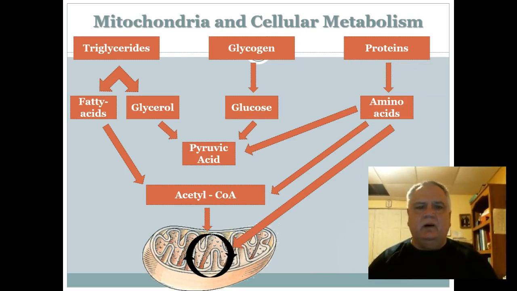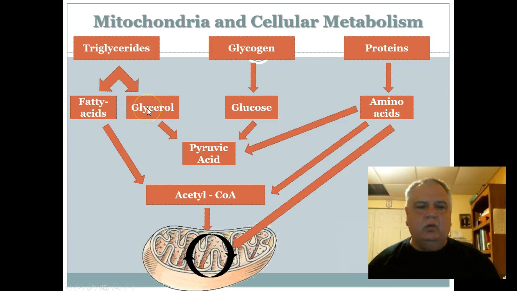So here's a map that maps everything out. Now we're going to focus on the proteins here. We've already done triglycerides and carbohydrates, but just to recall, triglycerides are made up of a glycerol plus three fatty acids, and they're going to be broken down into an individual glycerol and then into the three fatty acids.